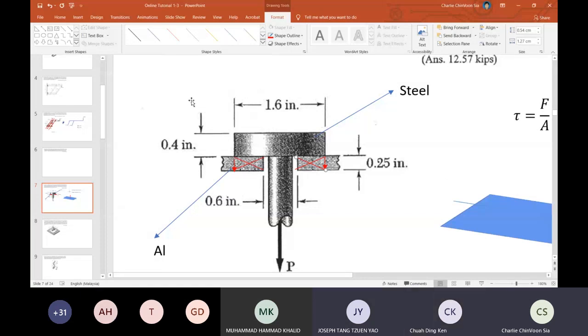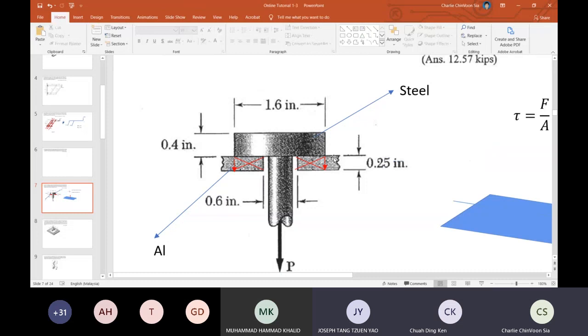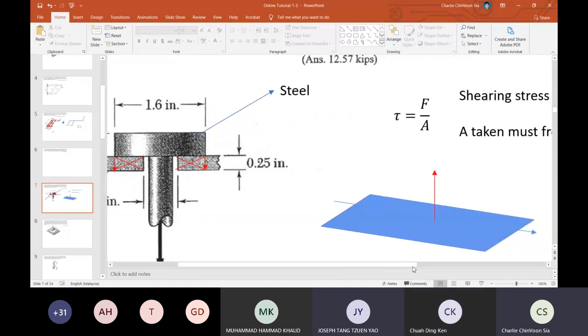So basically it's the circumference, multiplied with the thickness of the aluminium. The area must come from the aluminium.